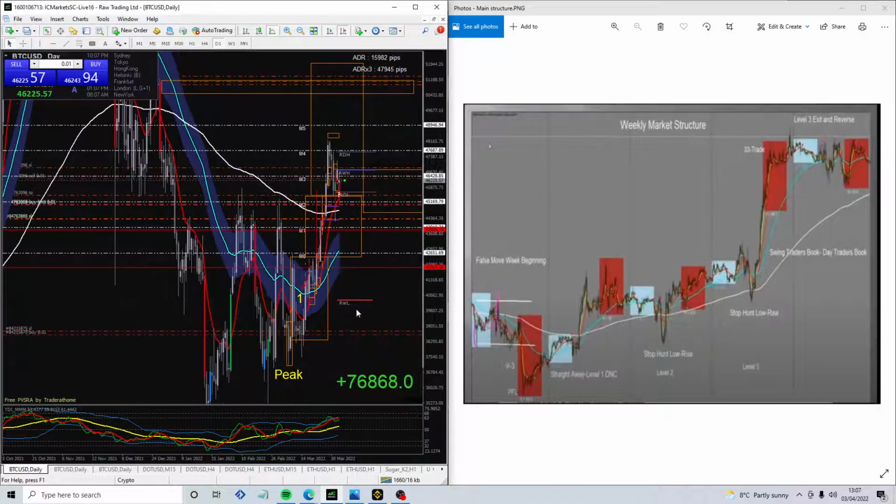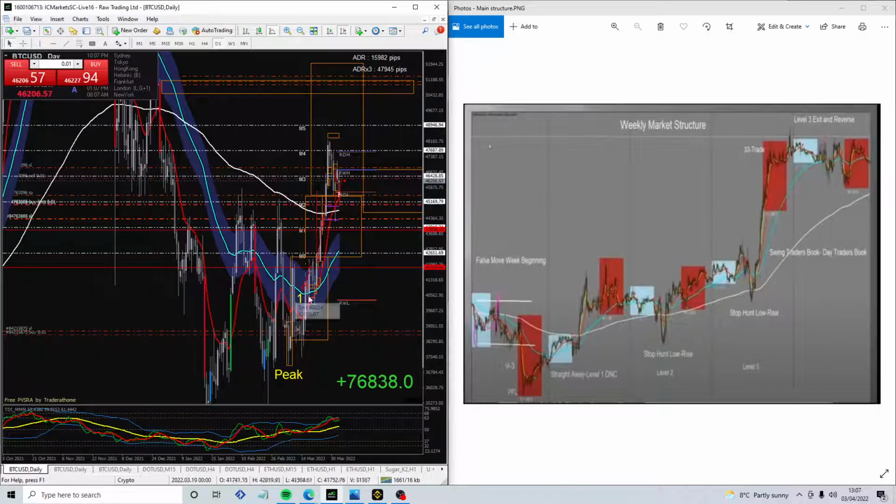So right, I got my levels from here. Yeah, I think there were 25,000 pips. No, that's wrong, because yeah, 26,000 pips. The reason I did 26,000 pips is because when Bitcoin were here, it was a 26,000 pip ADR, and then when they chopped for a while, it was 16k.